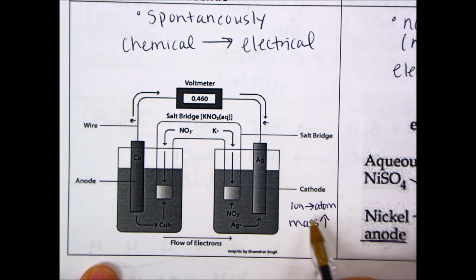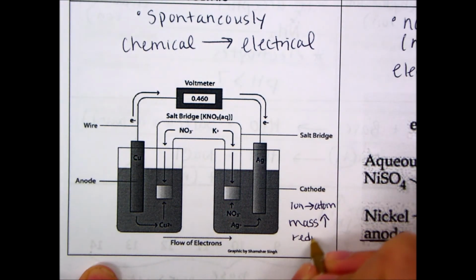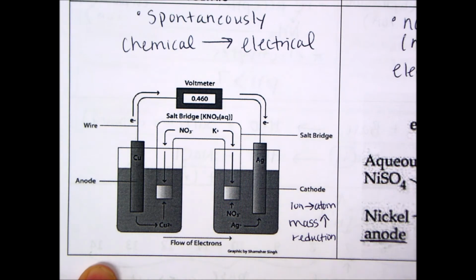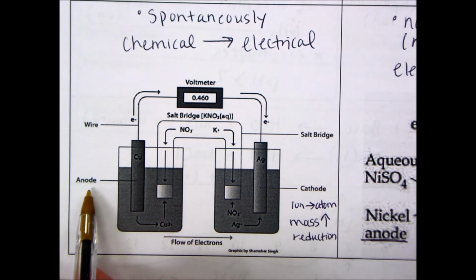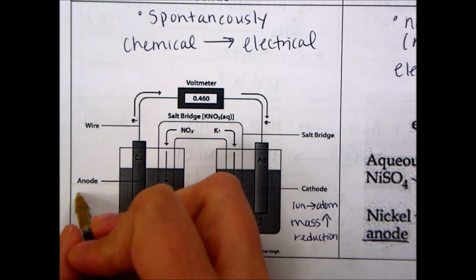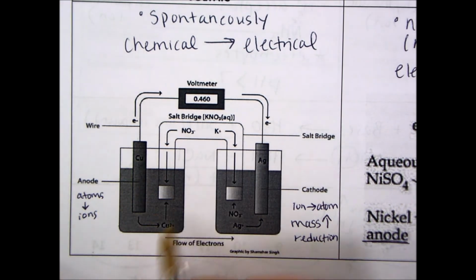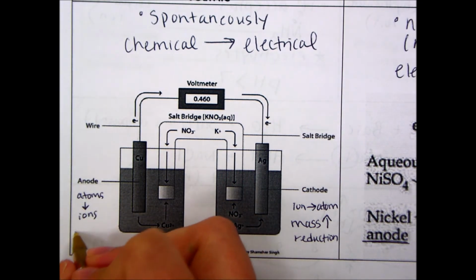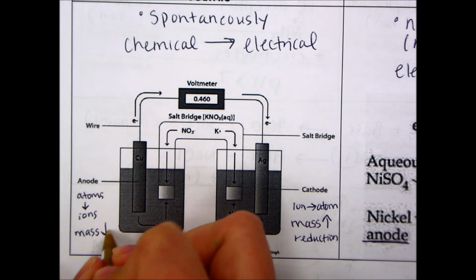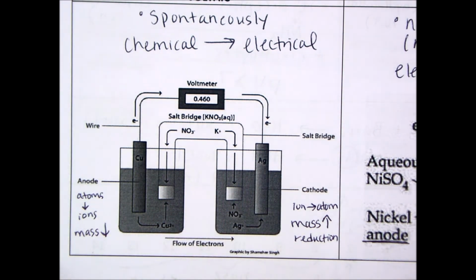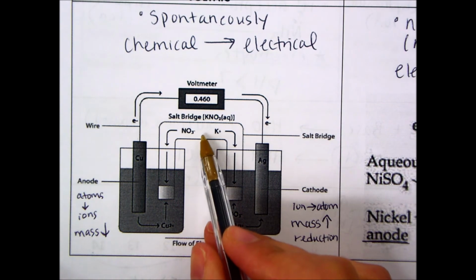All right, big red cat. Meanwhile, at the anode, electrons are being lost, so you've got atoms turning into ions. And these ions can break away, float off into solution, and therefore the mass of the anode actually decreases as the cell operates.